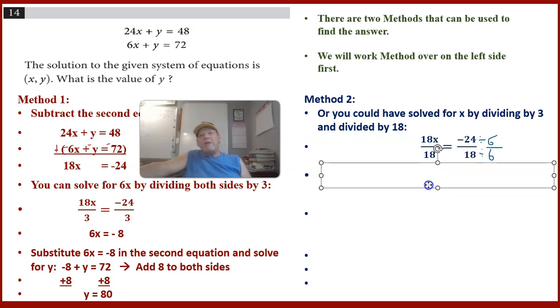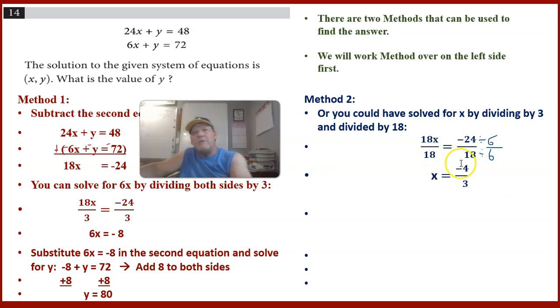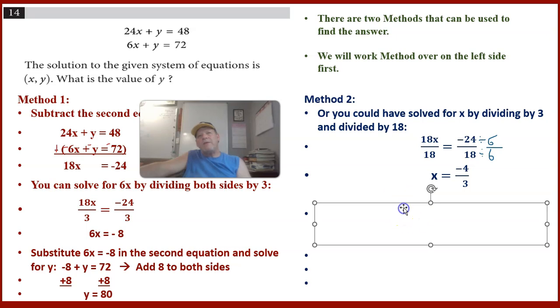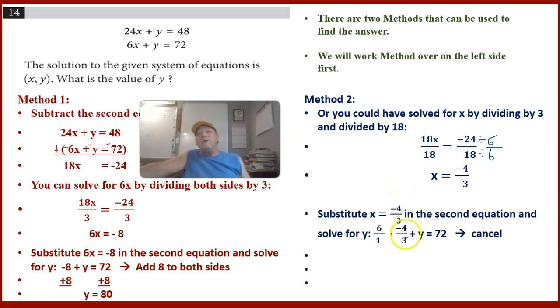And so 18 over 18 is 1x, which is x equals negative 24 divided by 6 over 3, 18 divided by 6. So that's negative 4/3. Now you can substitute x equals negative 4/3 in the second equation.